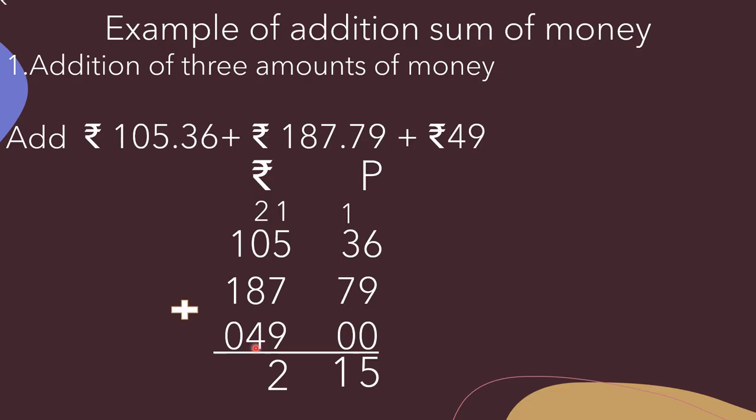So again 14 is a two-digit answer. That's why we will write 4 here and 1 will be carryover. Now 1 plus 1 is 2, 2 plus 1 is 3, and 3 plus 0 is equal to 3. So here we will write 3. So what is the answer? That is 342 rupees 15 paise. How can we write it like this? Rupees 342.15. Understood beta?